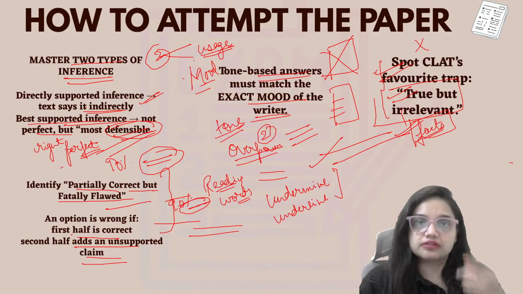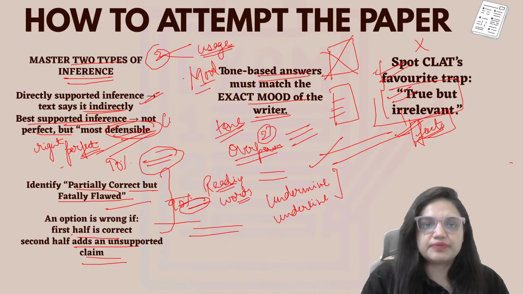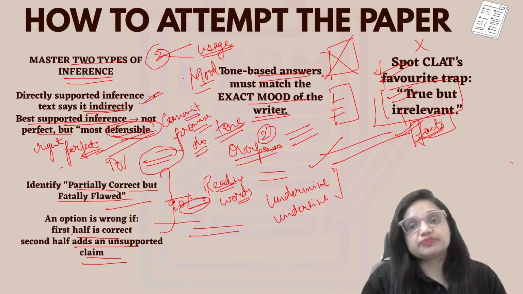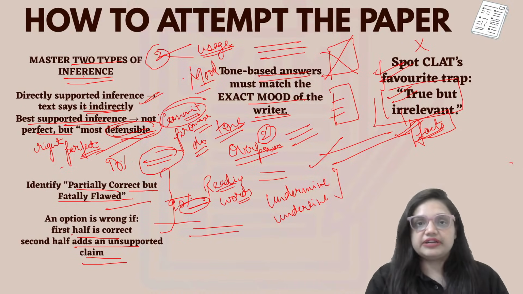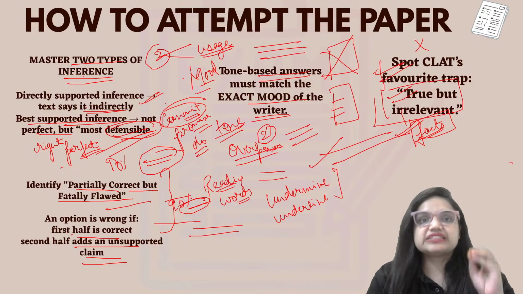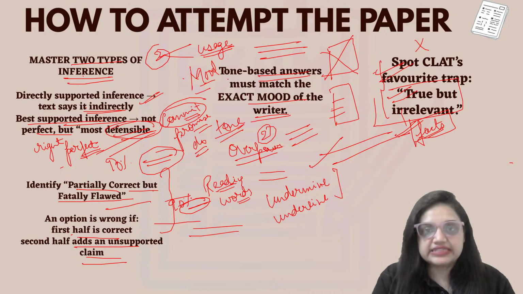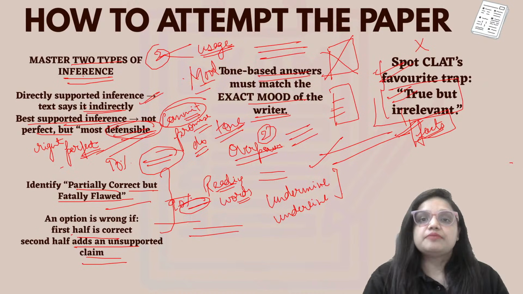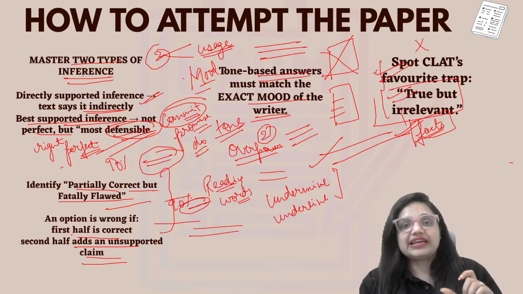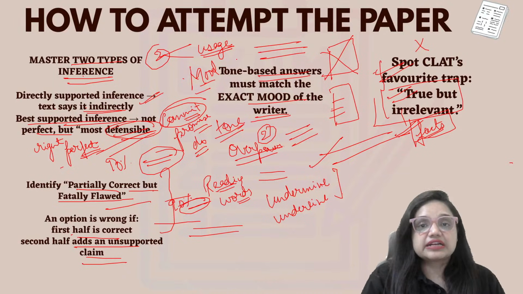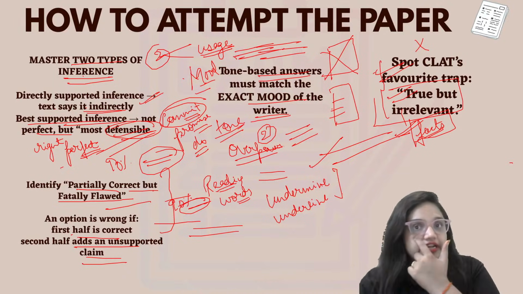For example, I gave this example before also, commit. Commit is to promise, and commit is also to do a crime. Now it depends upon the sentence and the passage which meaning of the word commit is used. Understood? So please be careful while answering contextual vocabulary questions, because if your vocabulary is good and you are good with reading also, then the only problem is that you are not understanding the contextual meaning of it. That's why you're getting it wrong.